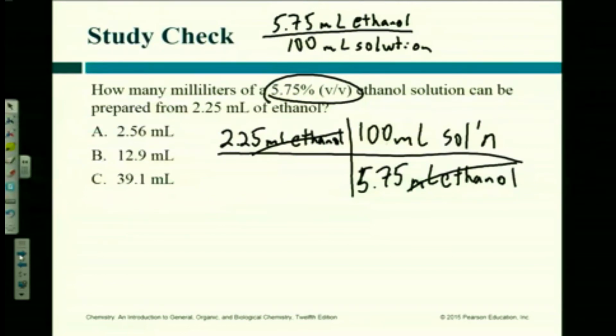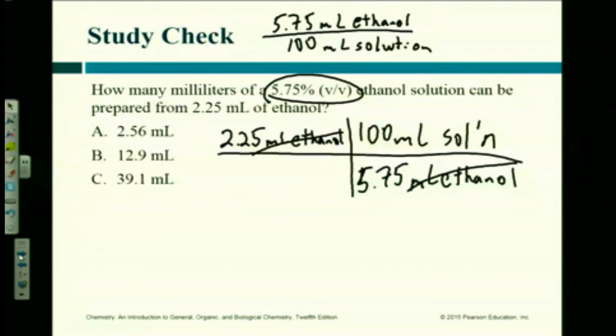Is it C? 39.1 milliliters of solution. So if you started with 2.25 milliliters of ethanol and you wanted to make 5.75%, you would make 39.1 milliliters of solution. Okay? I have a question.